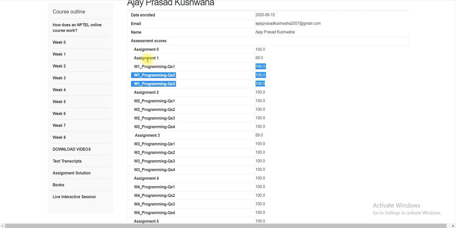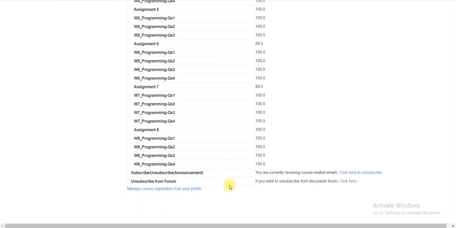So we know week 1 average assignment score is 95, week 2 average assignment score is 100. Like that NPTEL calculates each and every week, up to here, this being an 8 week course.